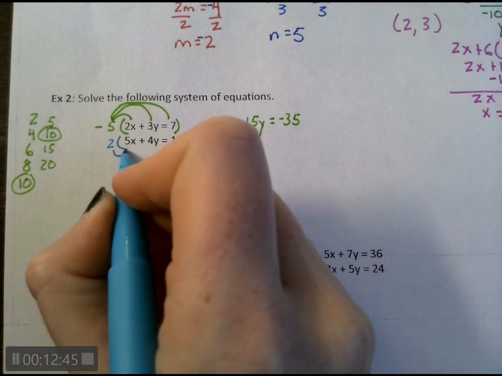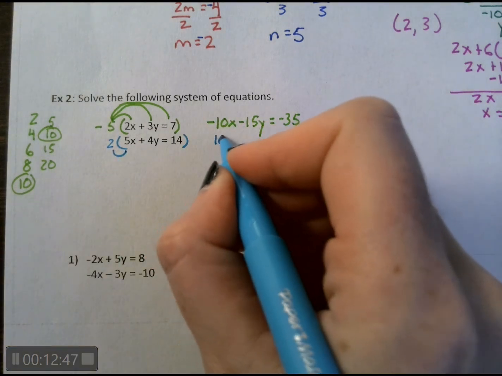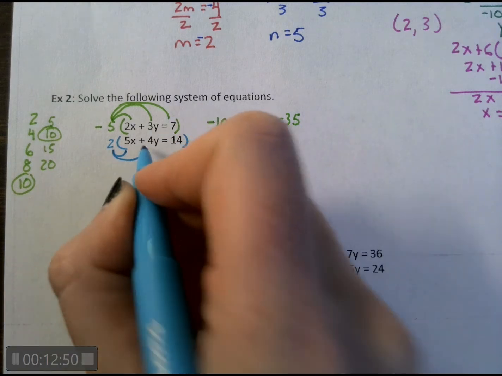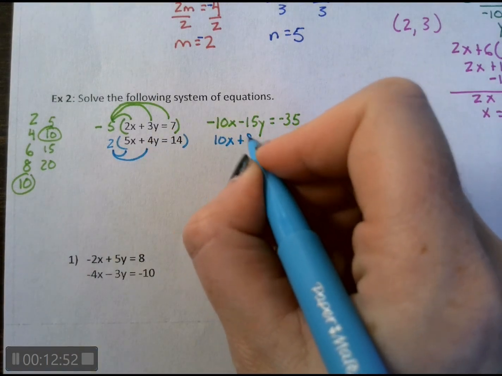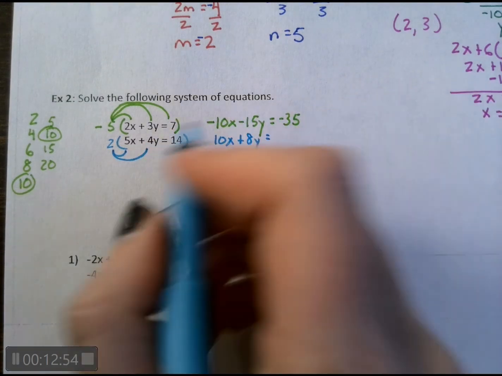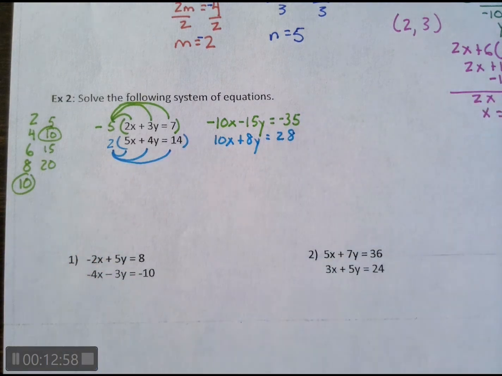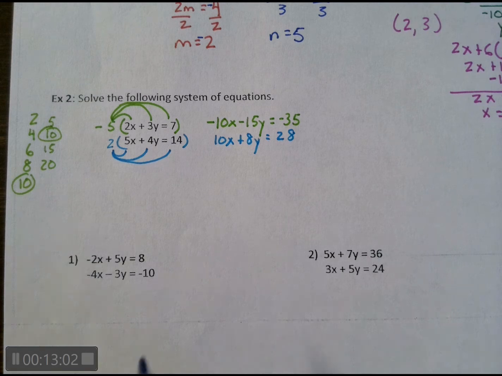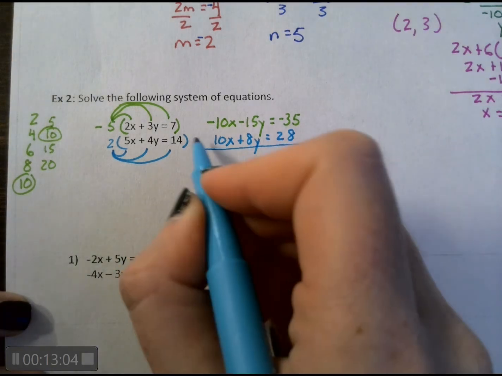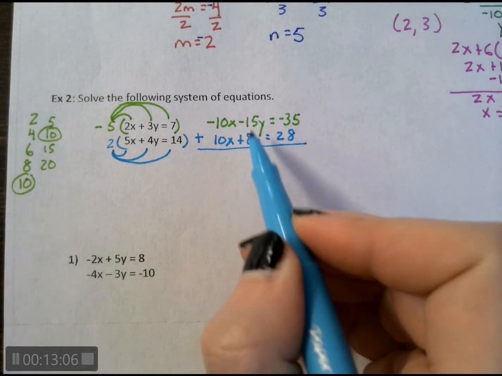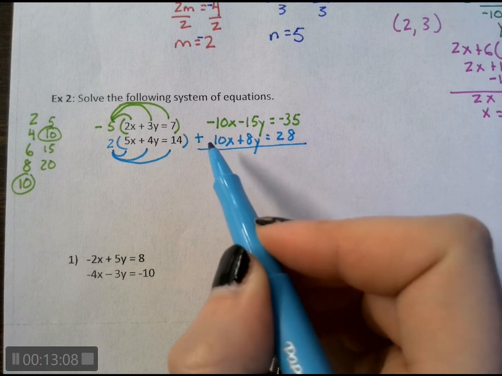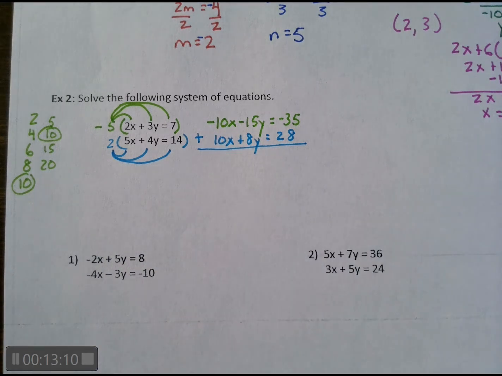And then 2 times 5 is going to give me 10x. 2 times 4y is going to give me 8y. And 2 times 14 is going to give me 28. Alright. So now we can go ahead and add them because our x's have the same number but opposite signs, which is exactly what we wanted.